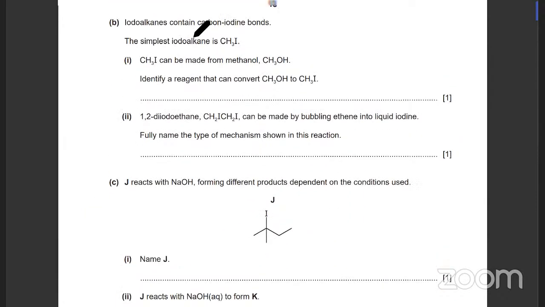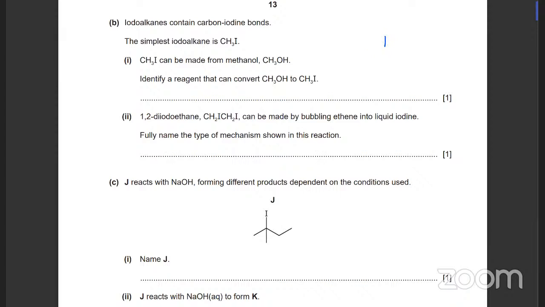And this is about iodoalkane being made from methanol. Identify the reagents that can convert CH3OH. First thing, it's not an iodoform test.